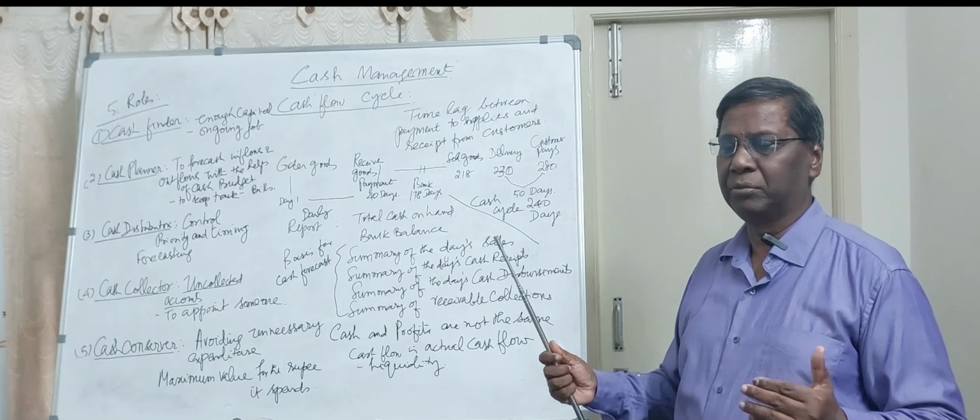There's nothing wrong in that. Then the summary of the day's cash disbursements: how much you paid for EB, how much you paid for labor and wages, how much you paid to raw material suppliers, etc. Then how much you collected from your customers: credit sales, cash sales, all these things.